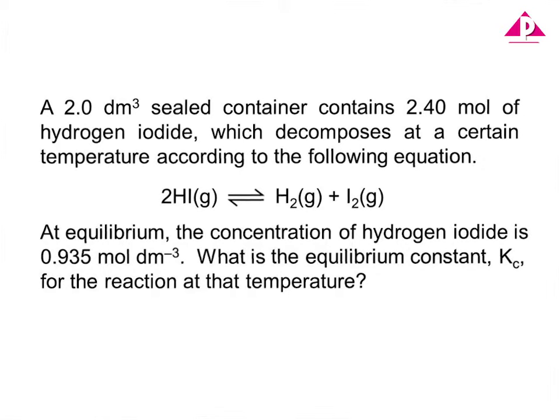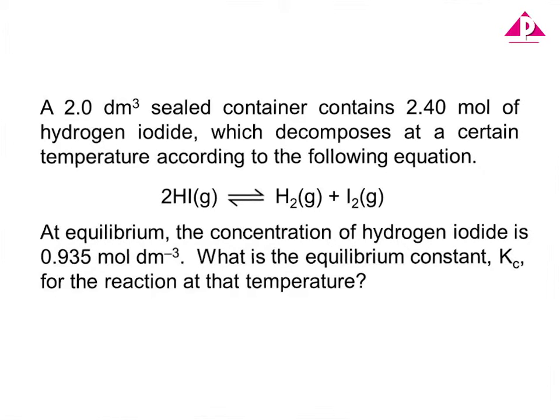At equilibrium, the concentration of hydrogen iodide is 0.935 moles per dm cube. What is the equilibrium constant, Kc, for the reaction at that temperature?